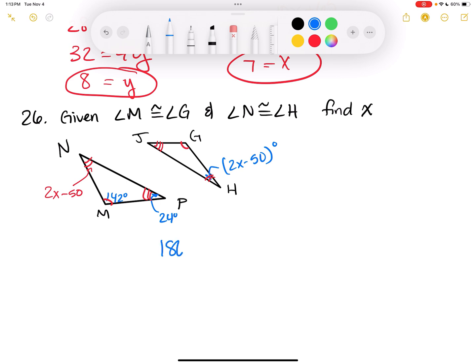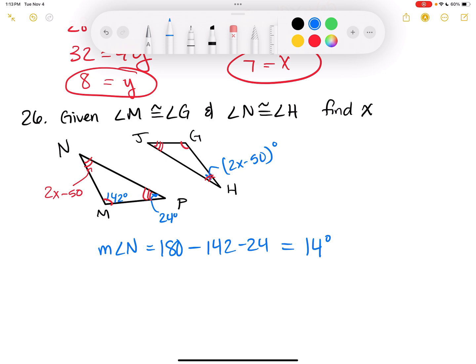So I'm going to do 180 minus 142 minus 24 to give me the measure of angle N. And so if I do that, I end up with 14 degrees. There we go. So angle N is 14 degrees.